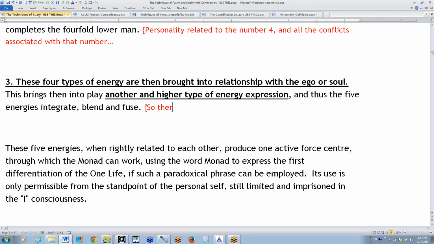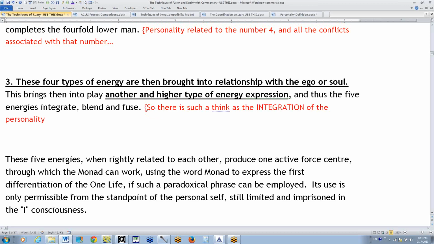So there is such a thing as the integration of the personality with the soul, and not just within itself or as itself.